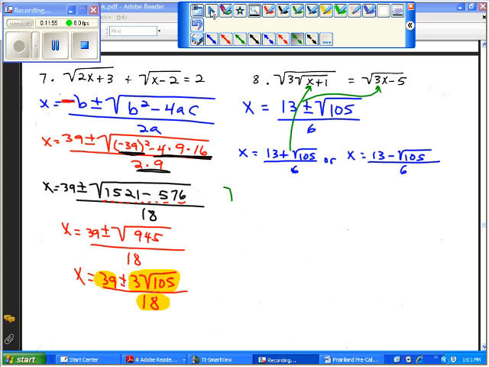But we're going to have the square root of 3 square root of x. Now what am I going to replace x with? That whole mess right there. So that x gets replaced with 13 plus square root 105 over 6. And after that x, I still have a plus 1 in there.